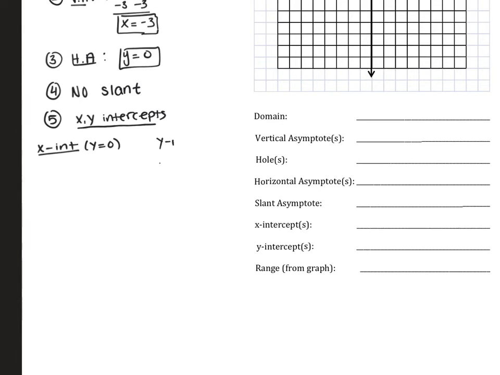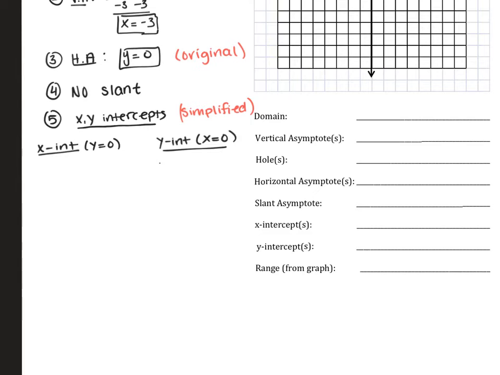And to find a y-intercept, we're going to set x equal to 0. Now, which equation do we use? We use the simplified equation. If you want to write down the horizontal asymptote, we use the original equation.